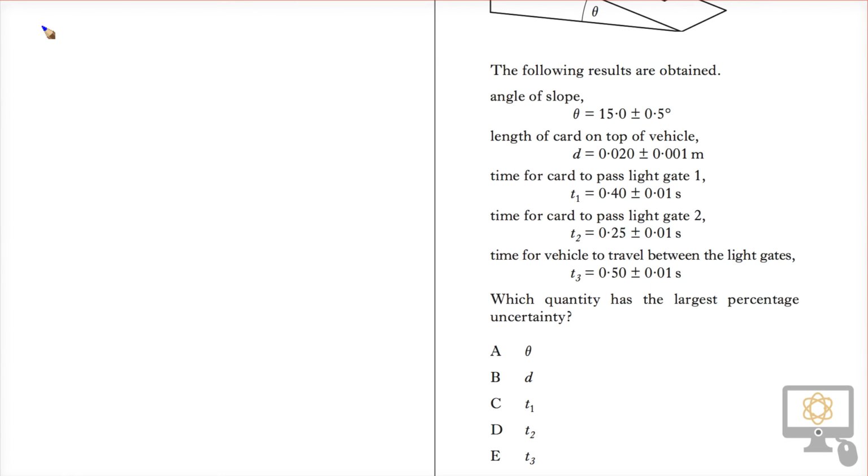So the way to do that, let's do theta first. The percentage uncertainty in theta, percentage delta theta, is equal to 0.5 divided by 15 times 100.